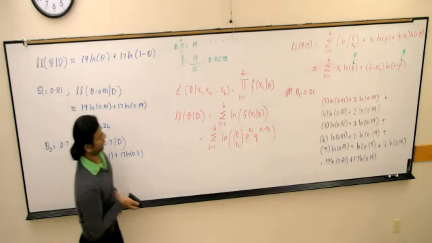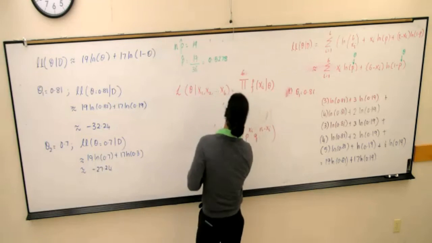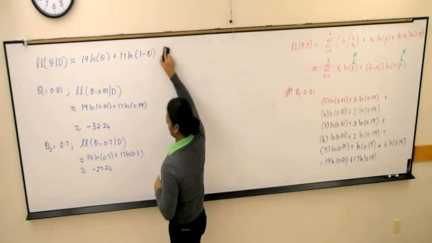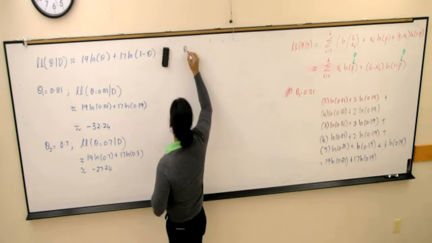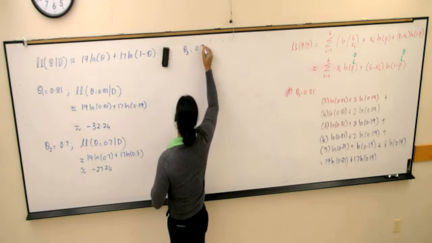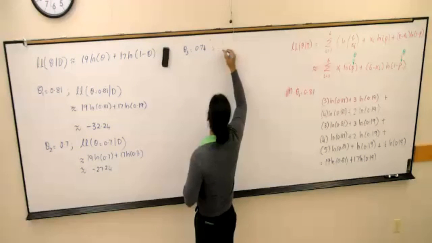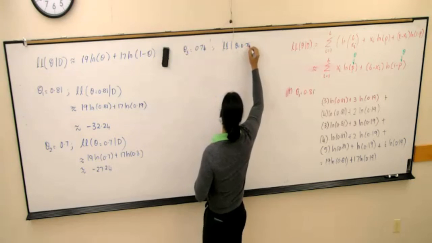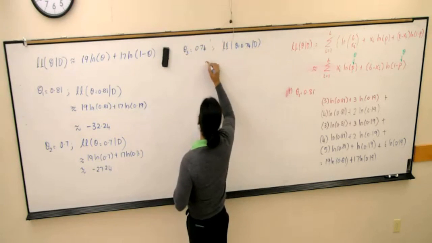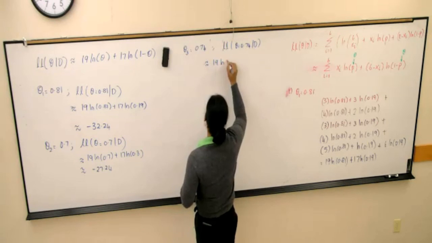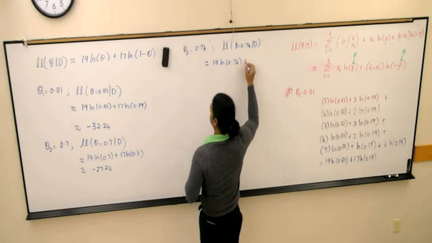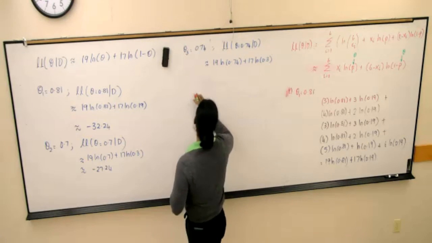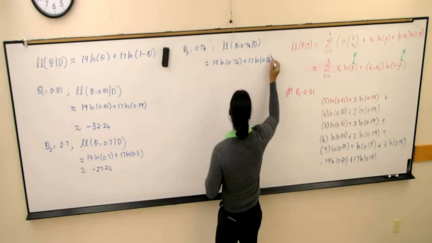And lastly, 0.74: 19 ln of 0.74 plus 17 ln of 0.26.